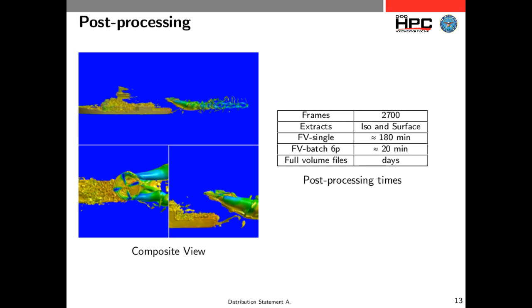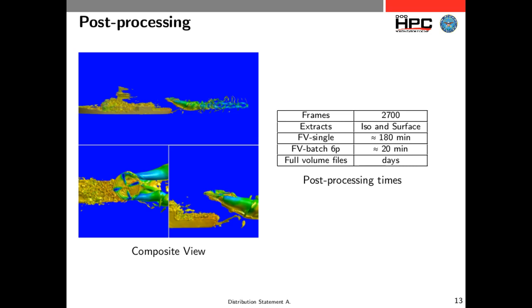In terms of post-processing time, we ran 2,700 samples or iterations, created that many images, and sewed them back together in a movie. We were looking at ISO surfaces and the surfaces.